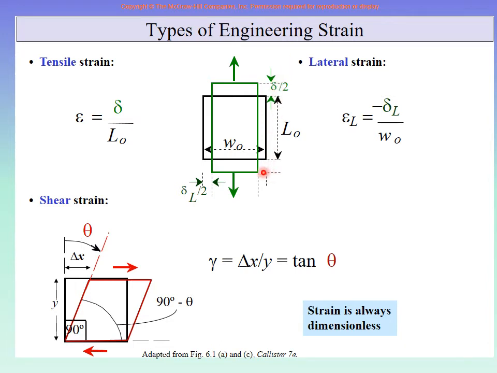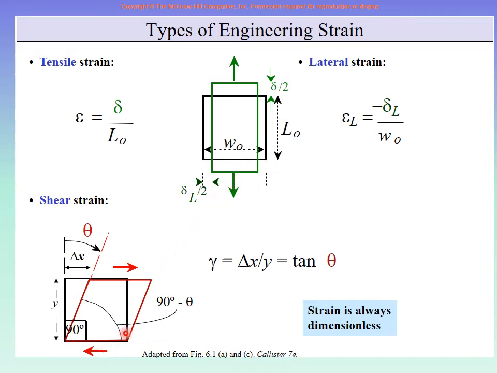So the strain is delta upon L naught, change in length upon original length. And if you find this delta, which is the strain in this direction, then multiply this strain by nu and you will get the other one. Of course, the other one, if we can find the change in W naught, that will be the other one.